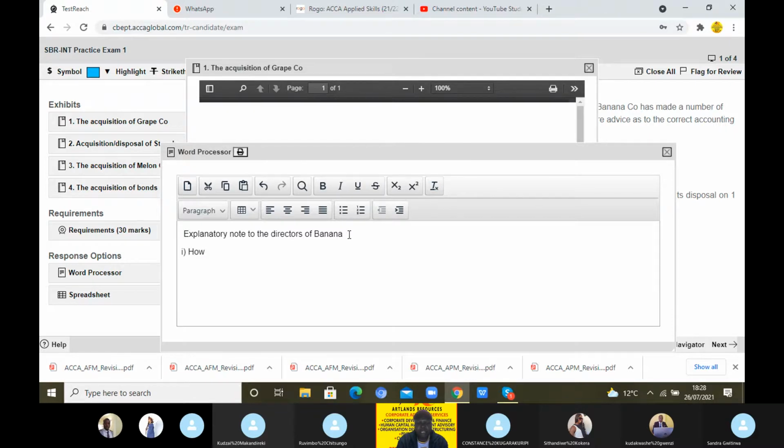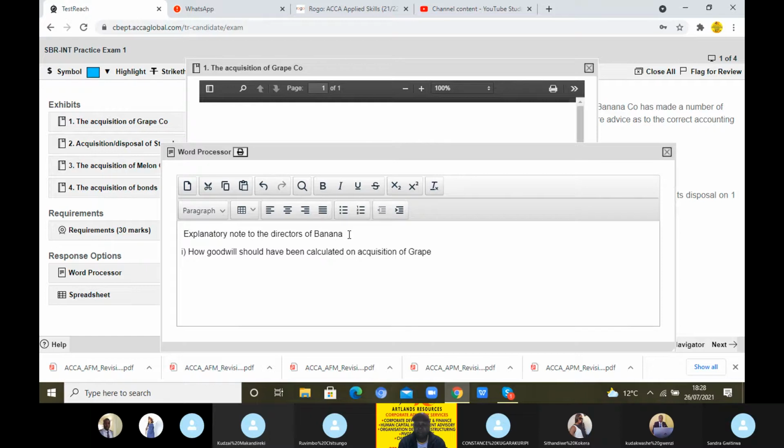How goodwill should have been calculated on acquisition of GREP.